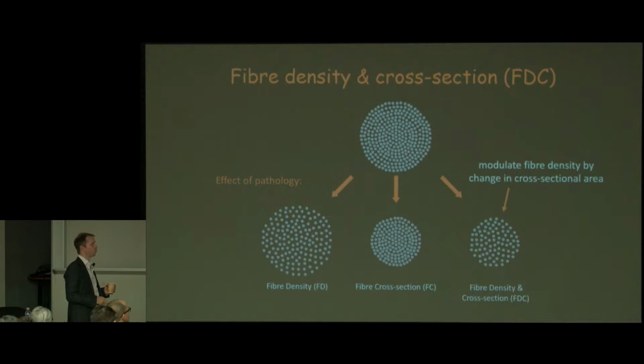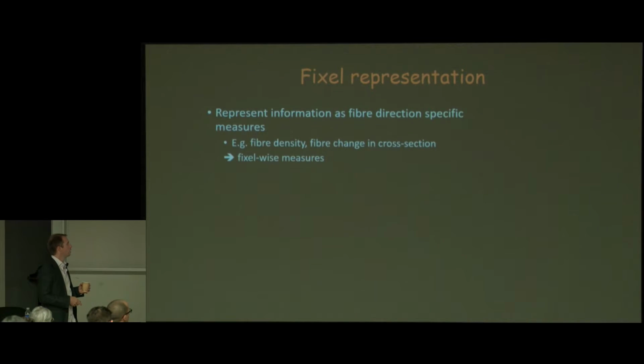Cross-section, which is more morphometric. You can look at atrophy of the tracks rather than the selective degeneration of individual axons within them. And then you can combine these two contrasts to give you something that is sensitive to both, and is about the total information carrying capacity of the whole bundle as a whole. If you see what I mean.